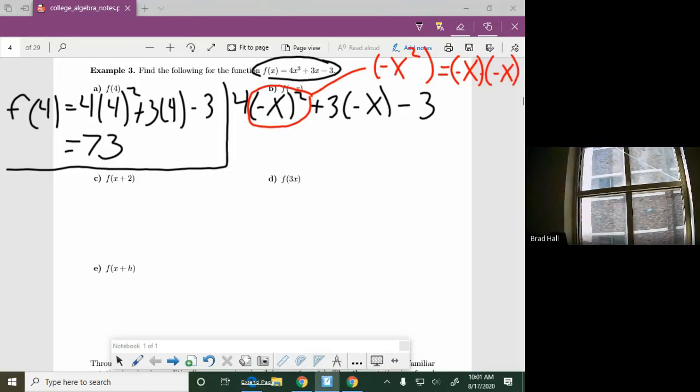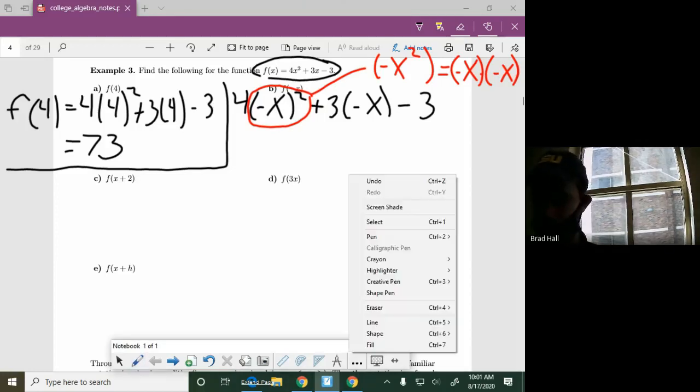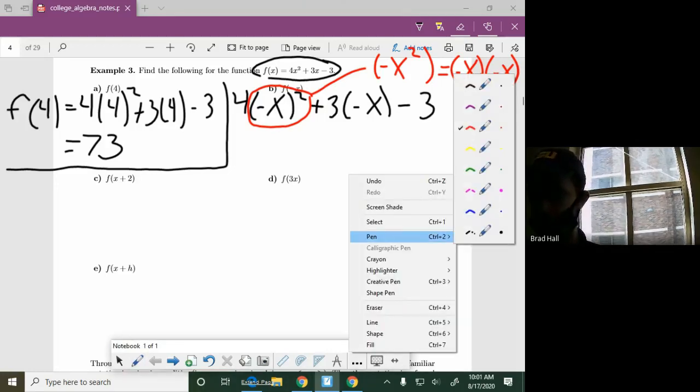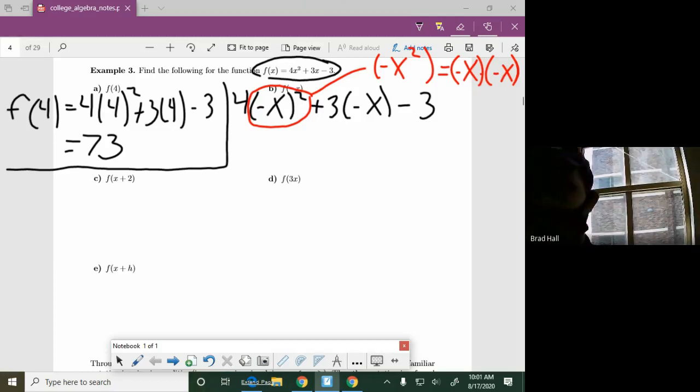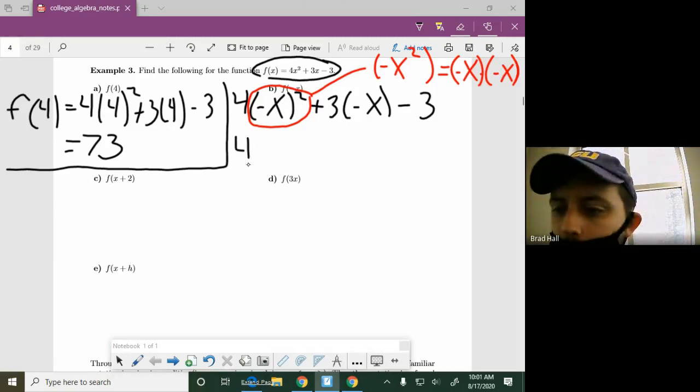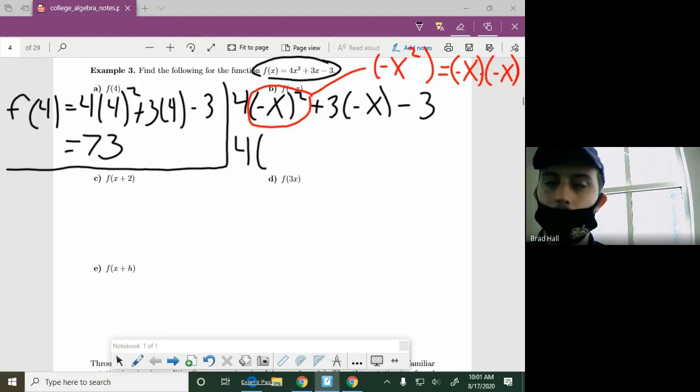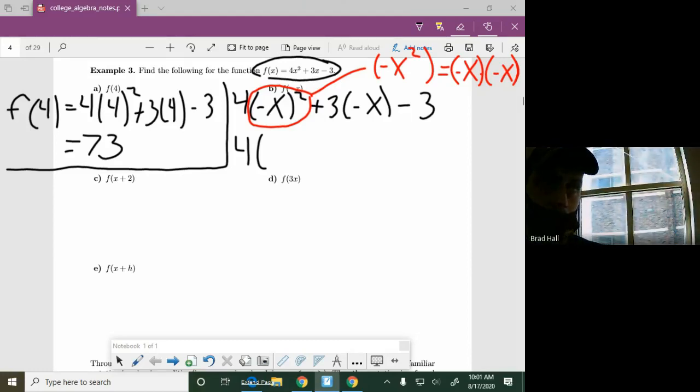So try and think about what that means as I write out the correct answer below. So now that's 4 times negative x times negative x, which is positive x squared. So the negatives cancel. So negative x times negative x is positive x squared.